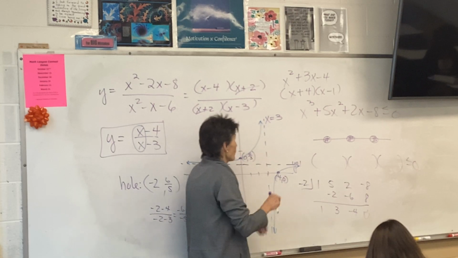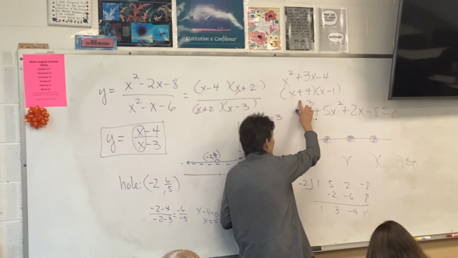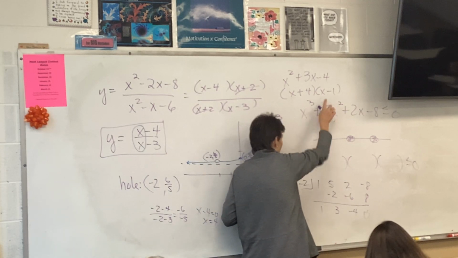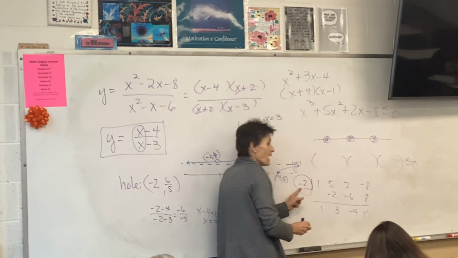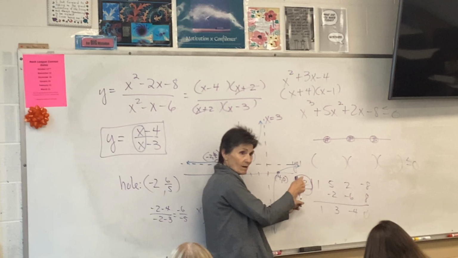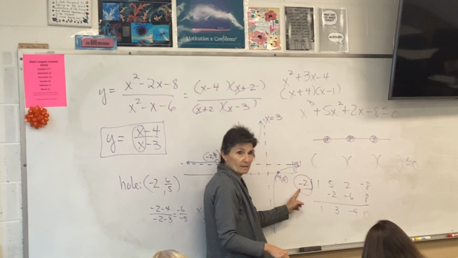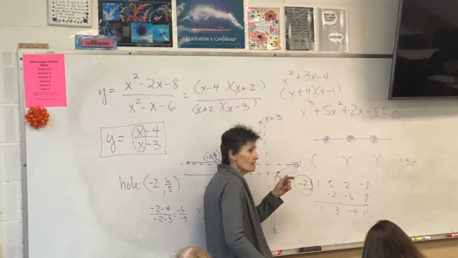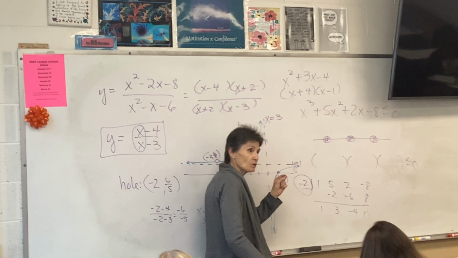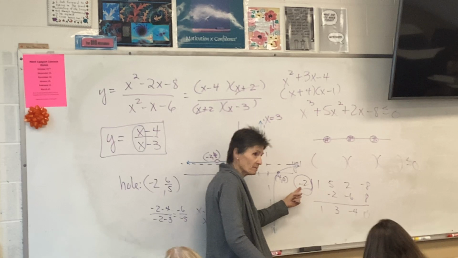Okay, so now I got all these dots. I got a dot at negative 4, a dot at 1, and then a dot at negative 2. The number is the dot. Now, some of you will say, well, when you put it in parentheses, is that in parentheses?